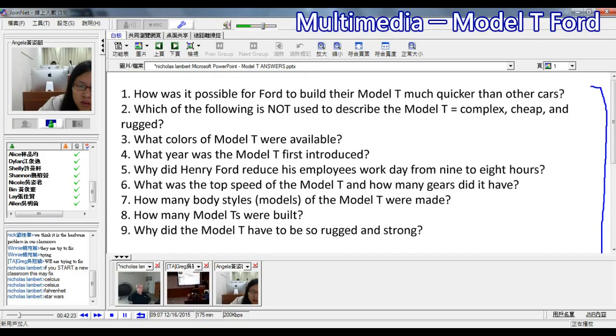Per or TA, can you assign those 8 questions to people, please?